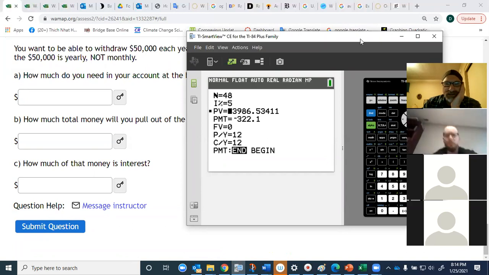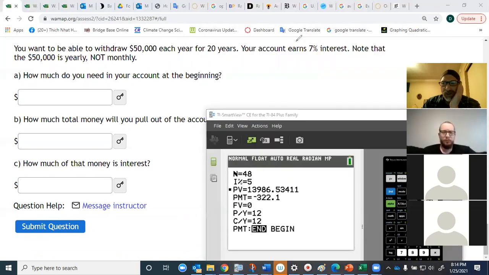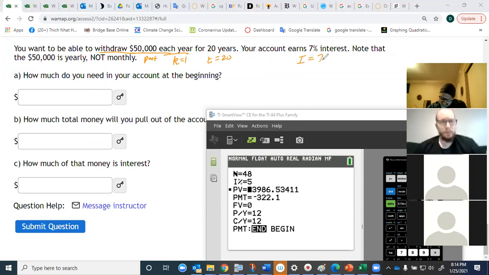Now, you should do a couple of little things here first. 50,000 is what you're withdrawing each year, so that's like a payment. Each year means K is equal to 1. You're just doing it once a year; this isn't a monthly withdrawal. And then T is equal to 20 years. Your interest is 7, we know your interest percent is 7.